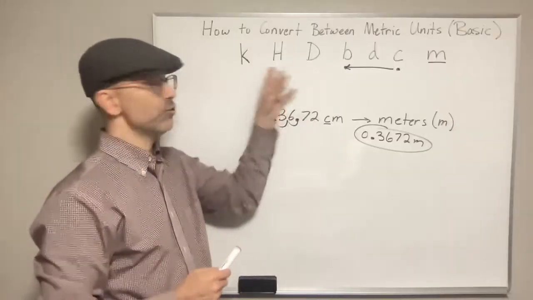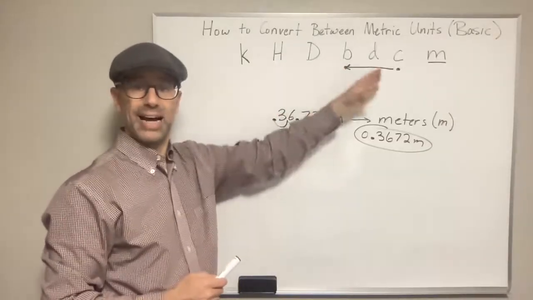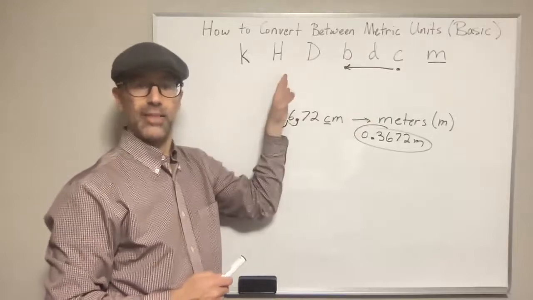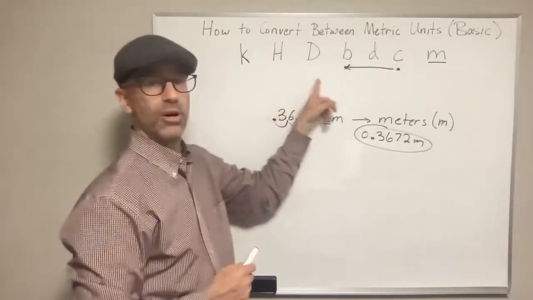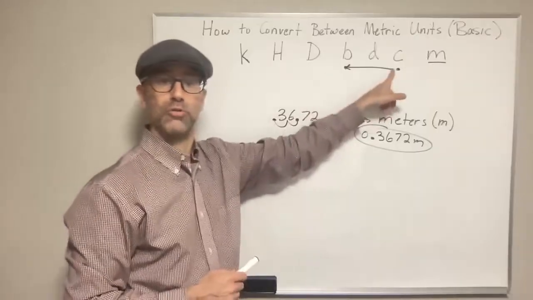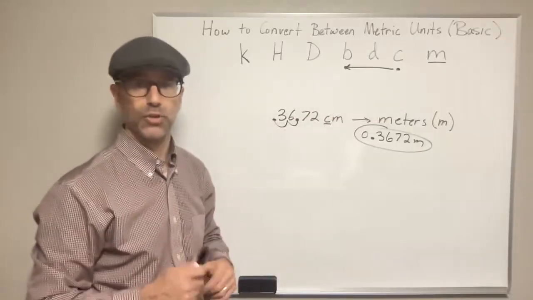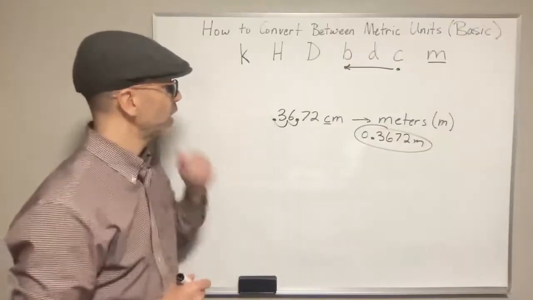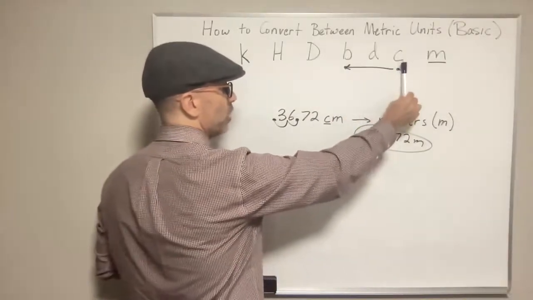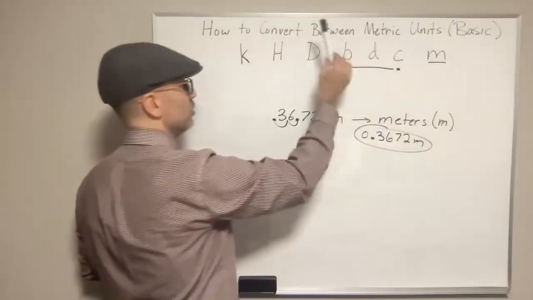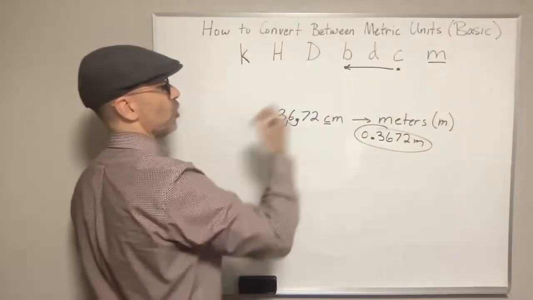Whichever direction you're moving on this scale here, that's the direction you're moving your decimal point. And the number of places you have to move is the number of times you have to move your decimal point. One thing I want to point out here, notice that I'm moving from centimeter to base unit.